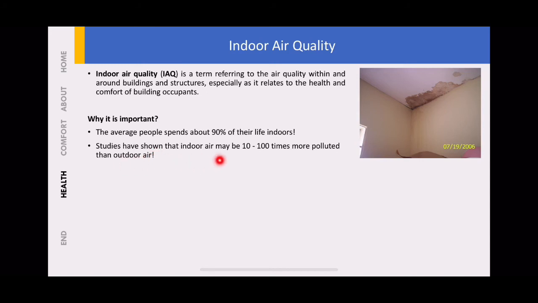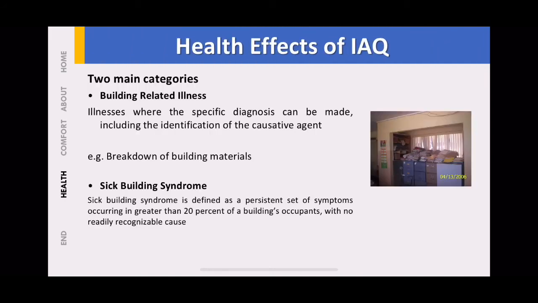Studies have shown that indoor air may be 10 to 1,000 times more polluted than outdoor air, because the dust, mites, molds, viruses, bacteria and fungus that live and thrive in that closed space are usually higher compared to outdoors, right? Because the air is not moved out of that space, and because air and humidity do not go out from that space, right?